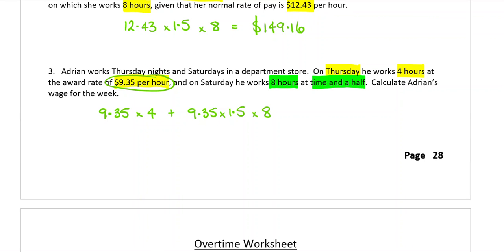Sometimes when I write these answers in booklets, I put brackets around them just so I can see the two separate sections. I go, this is the Thursday pay, and this one here is the Saturday pay. Okay, it's just so you can see the two different groups.